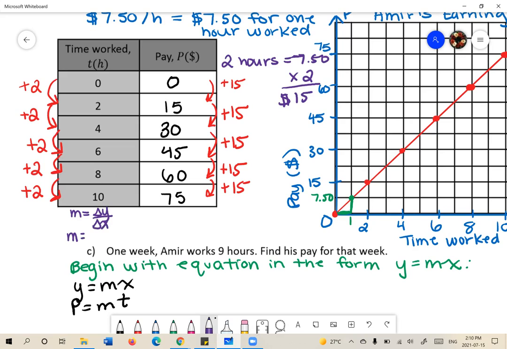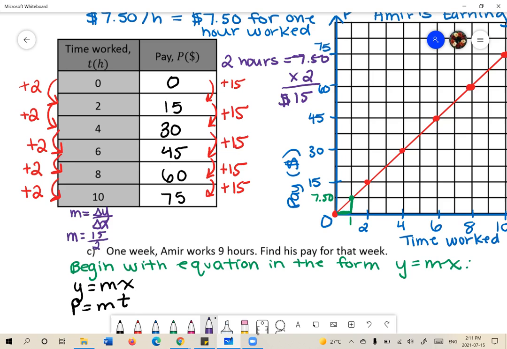How are your y values changing reading down the table of values? They're increasing by 15. So my change in y is 15 divided by my change in x. Reading down the table of values, how are my x values changing? Well, they're increasing by 2.